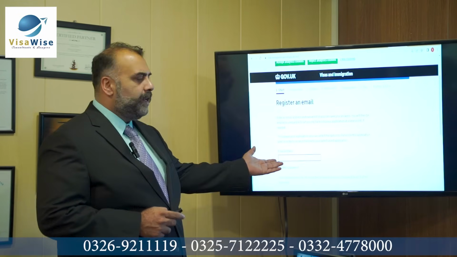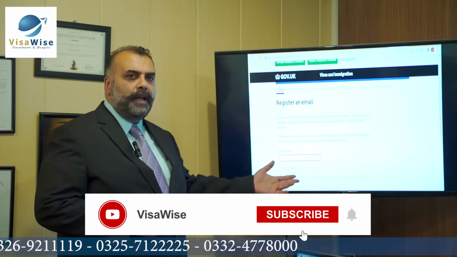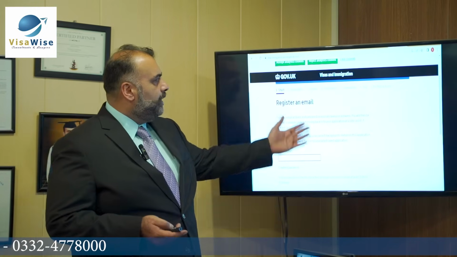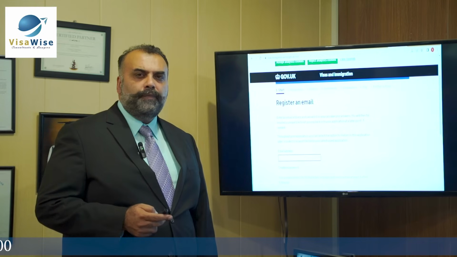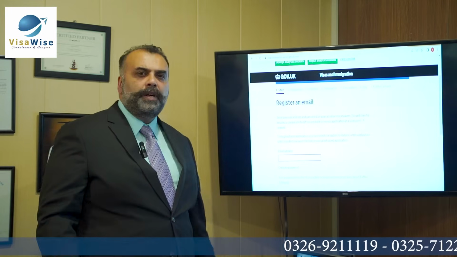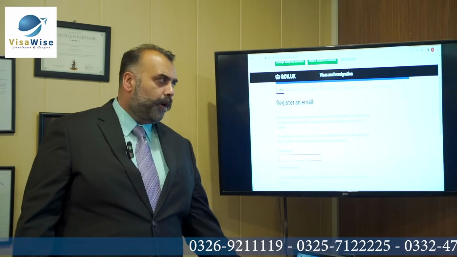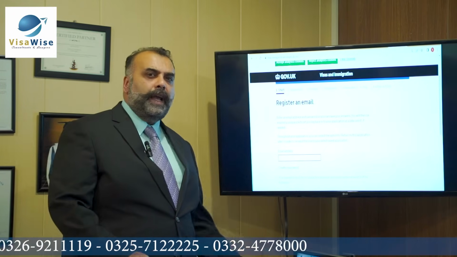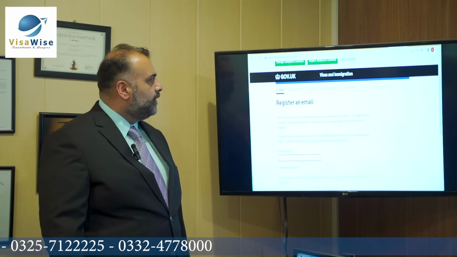Then you provide a relevant email address in order to register yourself for the application. You complete the application with the relevant information that the Home Office requires from you, which includes your personal information, your financial requirements, and documents that you need to establish your financial and personal circumstances.